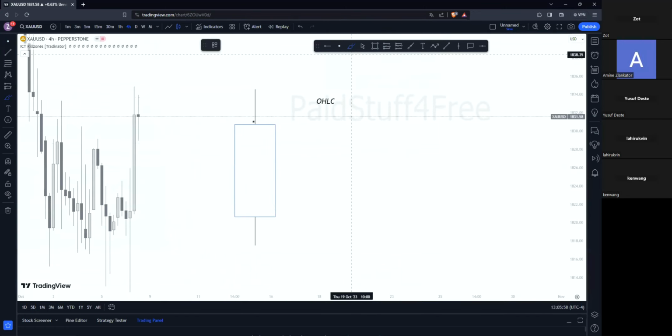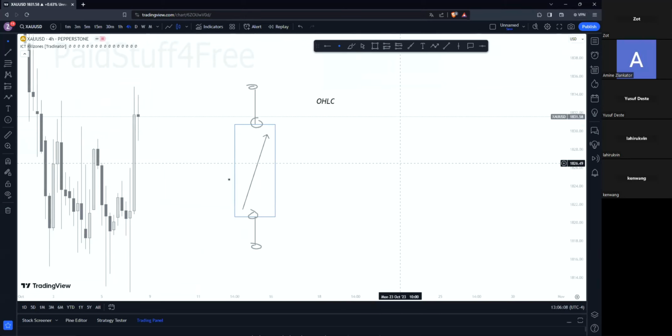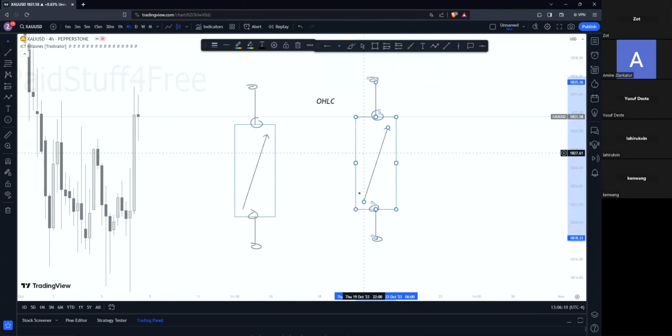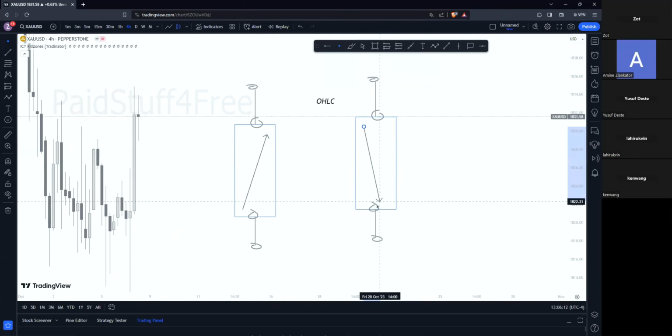Now you're going to have open, close, low, high in a green candle. The closing is going to be above on a green candle, but on a red candle, the closing is below, right? So I want you to only focus on the closing.